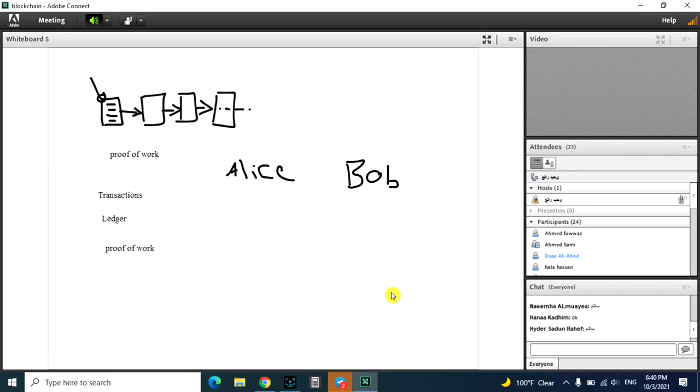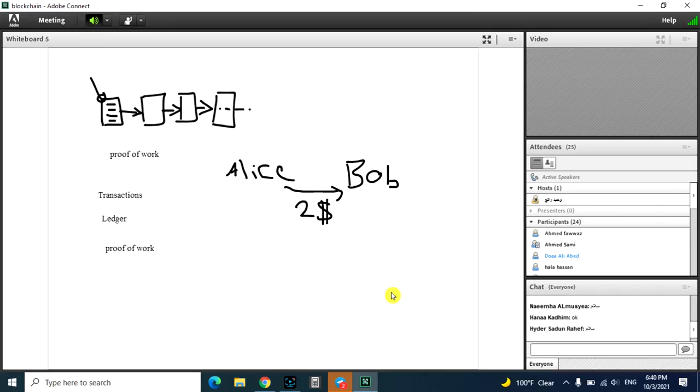Suppose that Alice wants to send, for example, $2 to Bob. Okay? This is called a transaction, a financial transaction.